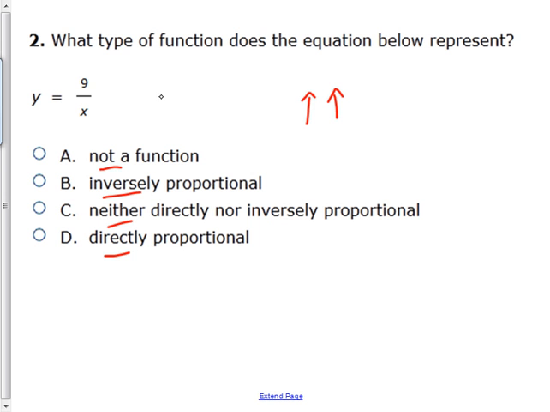I'm going to make a separate, possibly easier problem here. If I think of 8 divided by 4, well, that's going to equal 2. Okay, and then I'm going to make another function that is also going to equal 2. That's going to be 16 divided by 8, and that equals 2. So let's take a look at the first situation. First we started with a 4, and then we went to an 8, so that's an increase for my x value.